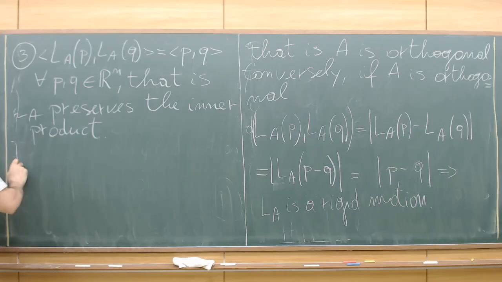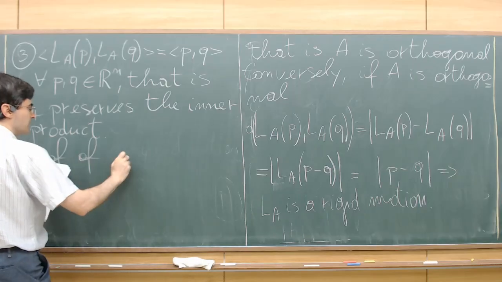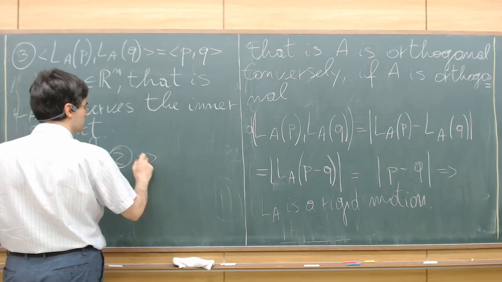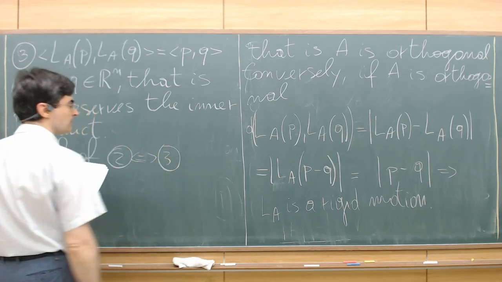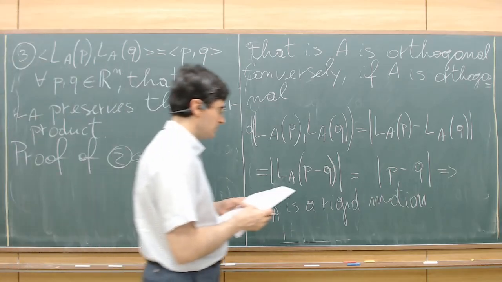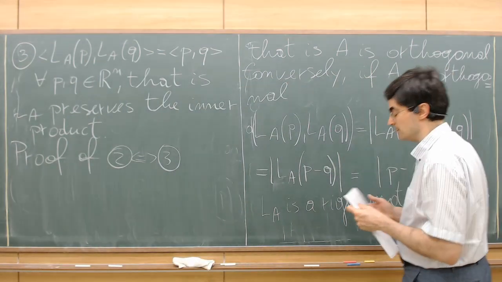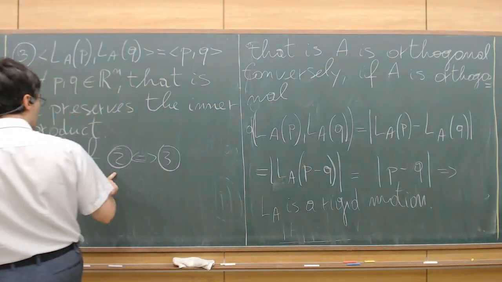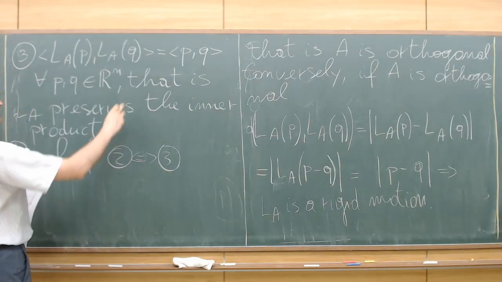Okay, now let's prove that 2 is equivalent to 3. So I have to prove that A orthogonal is equivalent to this property here.